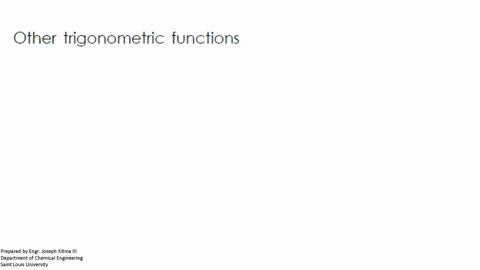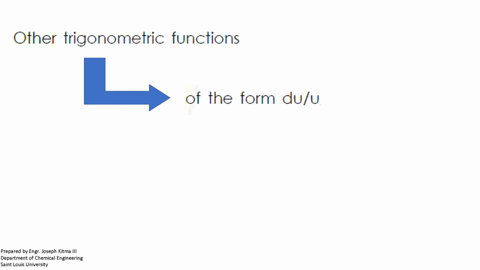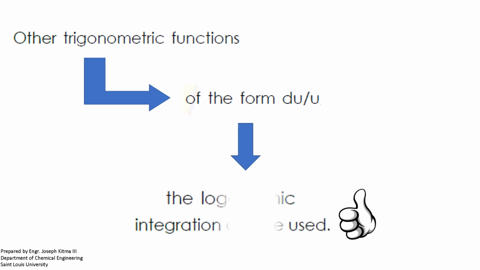There are actually other trigonometric functions wherein they could be in the form of du over u. If they are in the form of du over u, we actually can apply the logarithmic integration. Let us consider the integral of the tangent of u du.